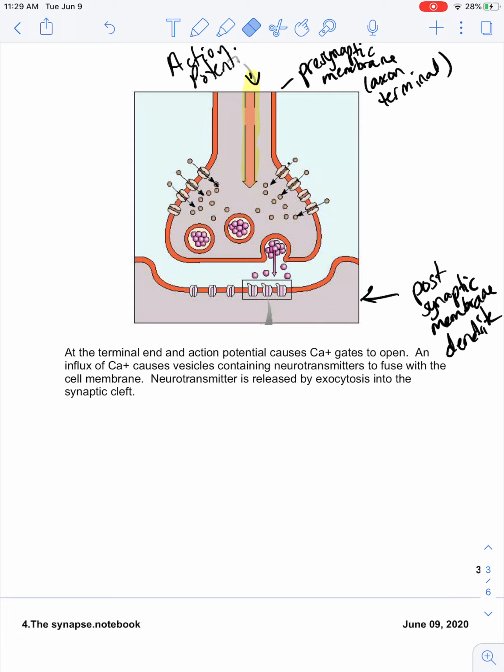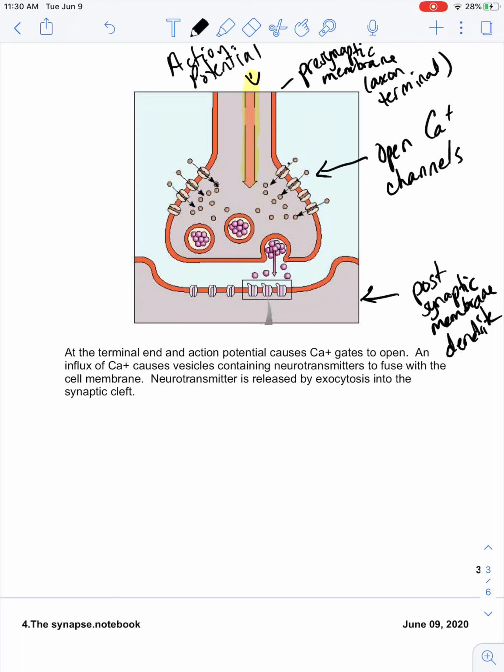As it approaches the axon terminal, the electrical current moving through will open sodium channels. Or sorry, calcium channels. Will open calcium channels. Okay, so that is stimulated by the electrical current.